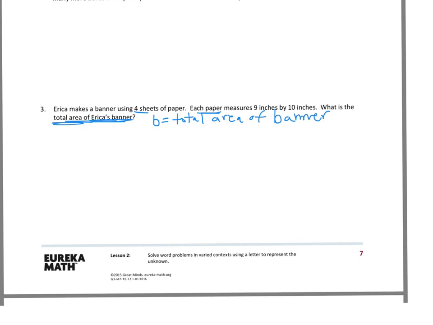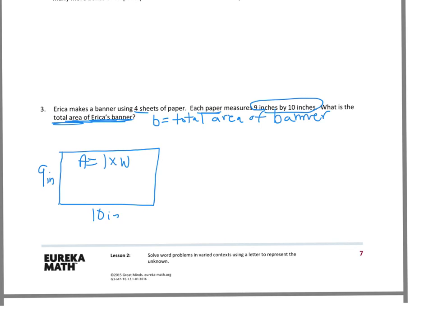So I know a couple different things. The first one is each paper measures 9 by 10. So 9 inches and 10 inches. And I know we're looking for area. So I'm going to use my area formula, which is length times width.